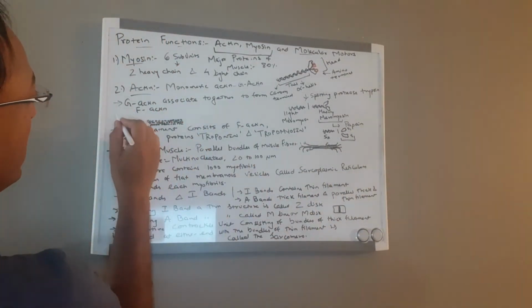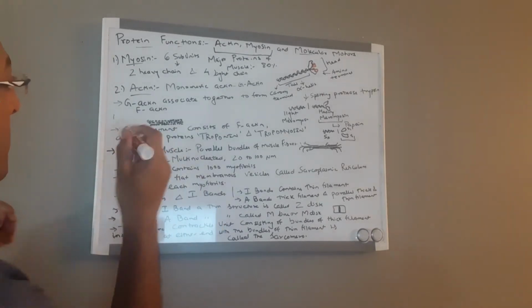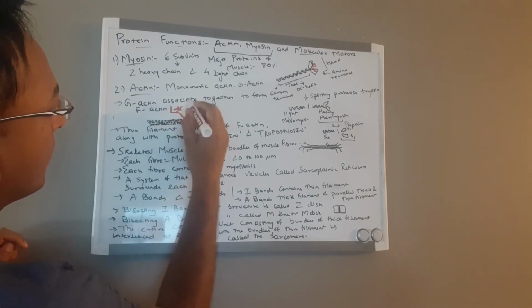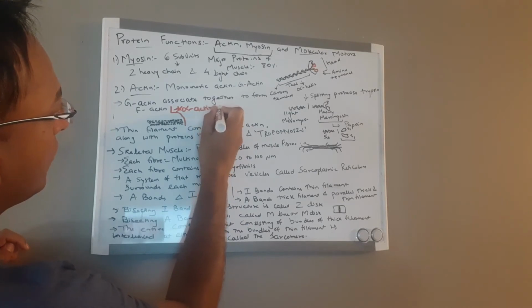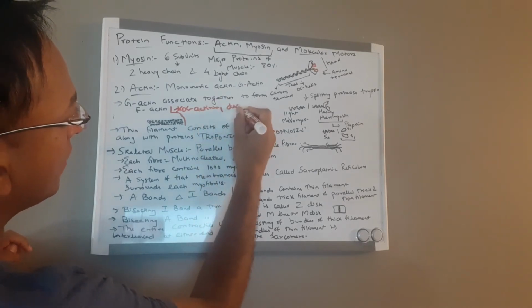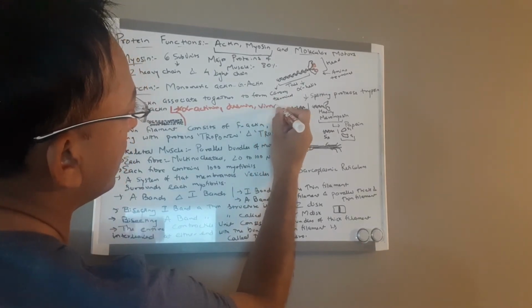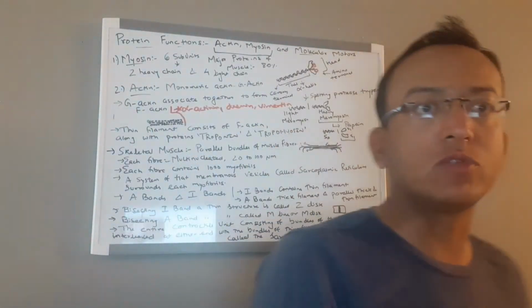So I'll write it down here: alpha-actinin, desmin, and vimentin. These are the other proteins as well.